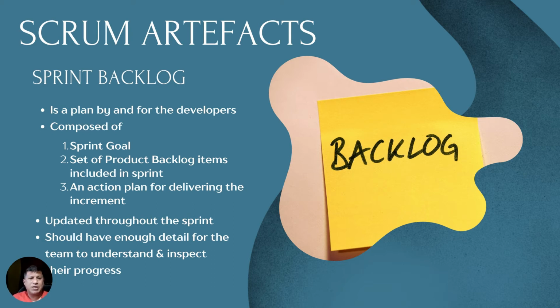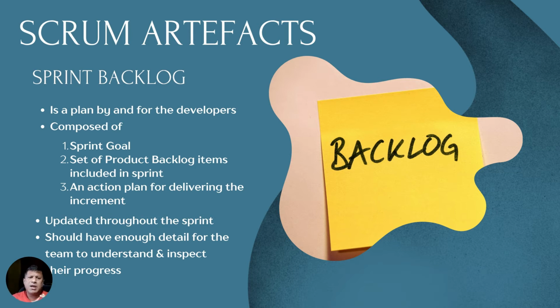It is the set of actions, set of features or set of user stories, a plan that is committed to by the development team or the Scrum team, who plan to deliver the value that the customer is looking for by accomplishing that sprint goal. And as we discussed, right, it is a live sprint backlog, not something written in stone, right?